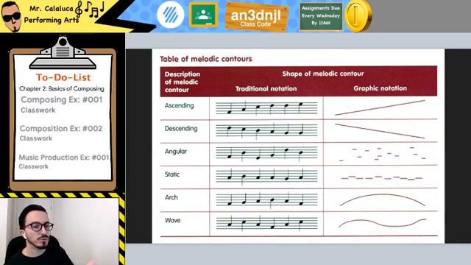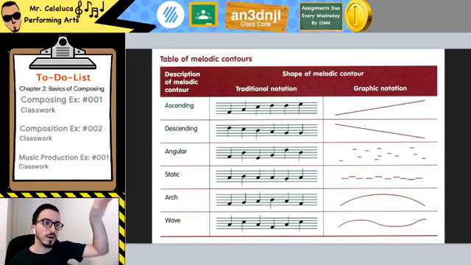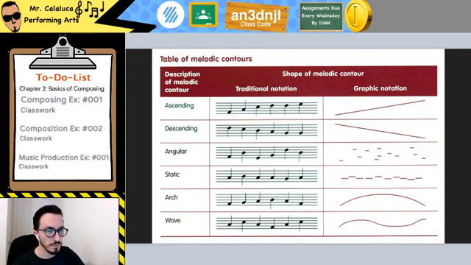You can have an arch where it goes up and then down, or you can have a wave where it goes up, down, up, down, and creates a wave, okay? Some waves being larger than the others, some waves being smaller. So keep these in mind when you're creating your song, okay? And also as part of the questionnaire, you're going to be answering whether you think your piece is ascending, descending, angular, static, an arch melody, or a wave type, okay?